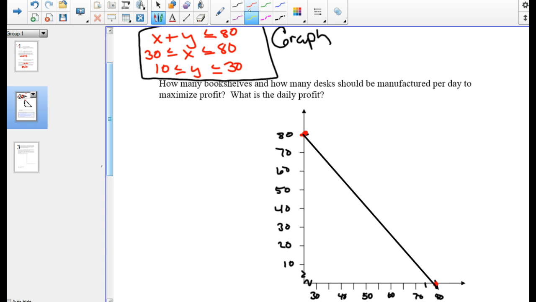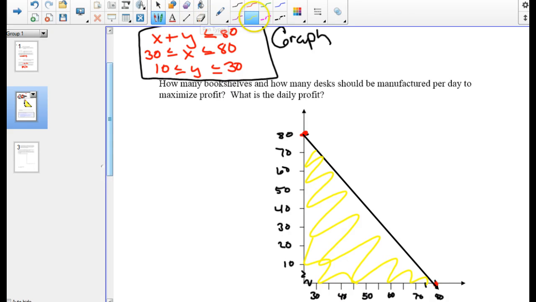So our shading on this part, if I put 0, 0 in for x and y, is 0 less than 80? Yes, so I'm going to shade everything in this section. Okay? I put in 0 and 0 for x and y to find that.